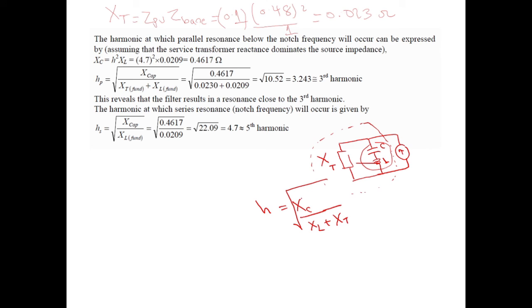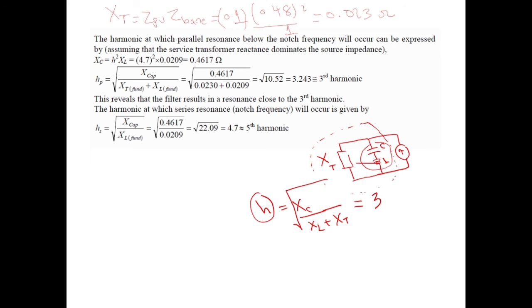XC, XL and X transformer can be calculated from the initial parameters given in the problem. If you do the calculation, you will find that the resonance, or the harmonic order, will be equal to 3.